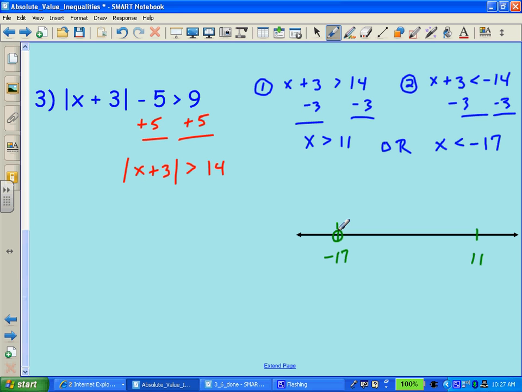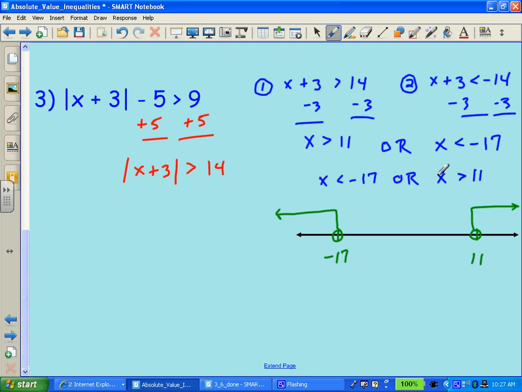I'm going to put 11 up here. Less than negative 17, open circle to the left. Greater than 11, open circle to the right. And again, I would want to write this in order because it just makes more sense that way, where I put the smaller number first.